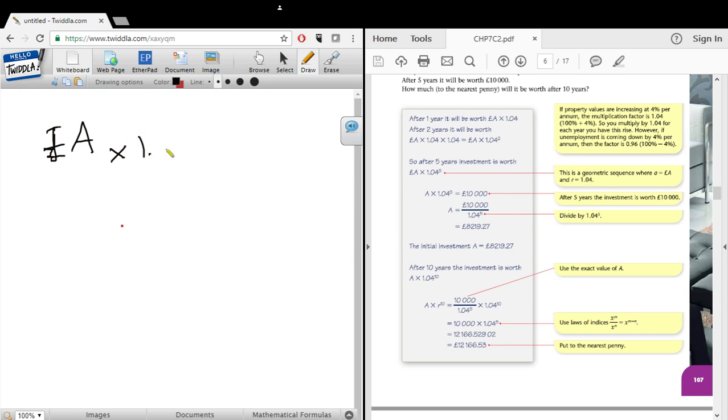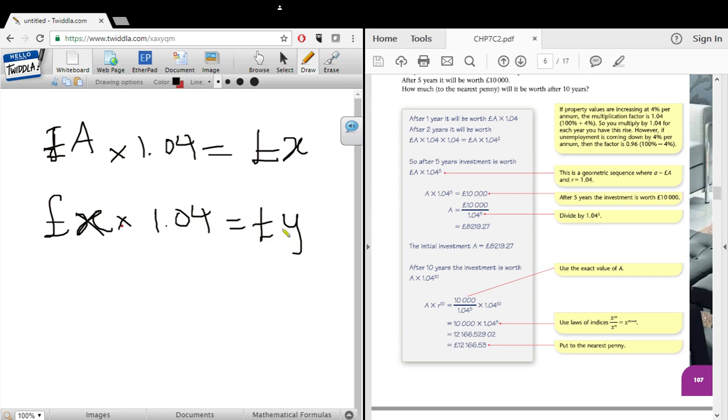After the first year, he is going to have a value of, let's say, X pounds. Now X pounds, after year 2, is going to be multiplied by, again, 1.04. So we're going to have Y pounds.